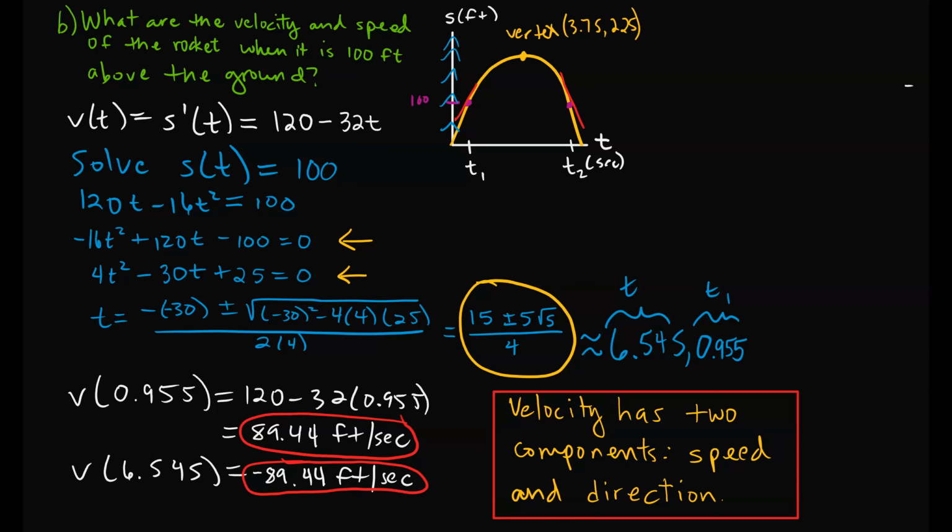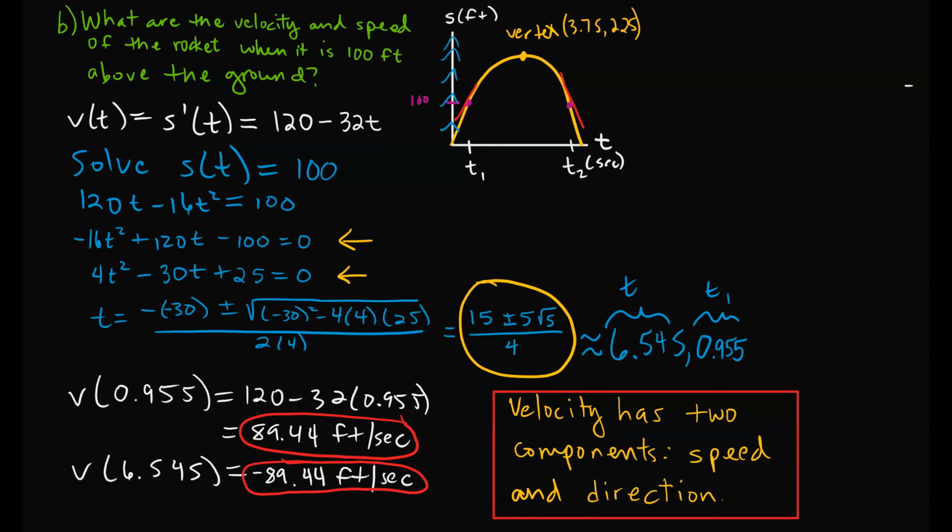And if you look at the trajectory of our graph, we can see that as the object is moving up, rising towards the vertex, it's moving in the positive s direction, and as it's moving back down towards the ground, it's moving in the negative direction with relation to that s-axis, that vertical axis.